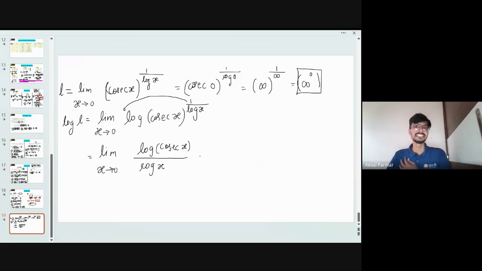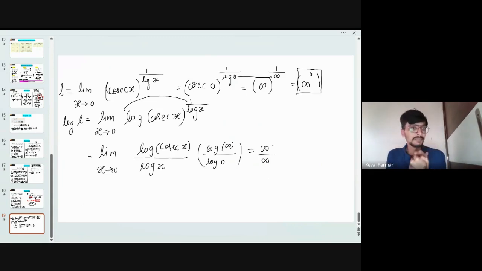Now if I check the indeterminate form, I will get log of cosec 0. Cosec 0 is infinity, so log infinity upon log 0. Log infinity is obviously infinity, and log 0 is also infinity, as we saw. So now it is infinity upon infinity format, which is an indeterminate form.